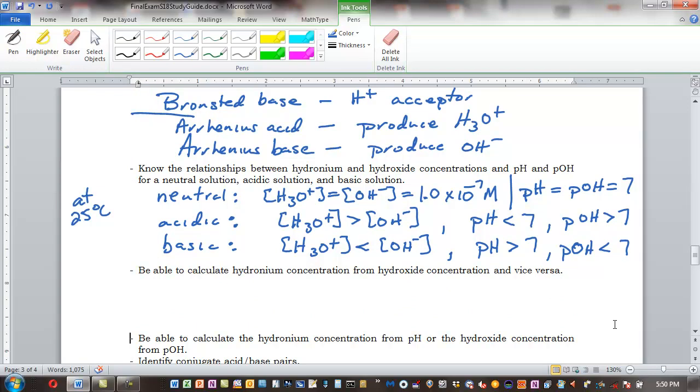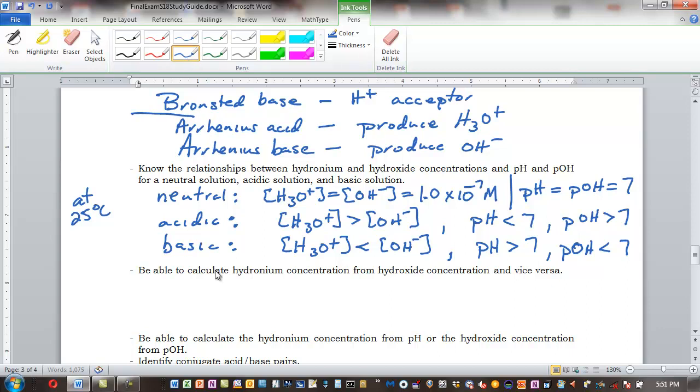Make sure you can calculate hydronium from hydroxide or vice versa. How would we do that? If I say this solution has a hydronium concentration of this, what's the hydroxide? You don't want to miss that on the final. Exactly right.